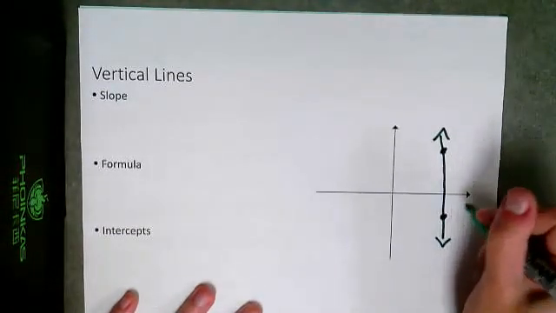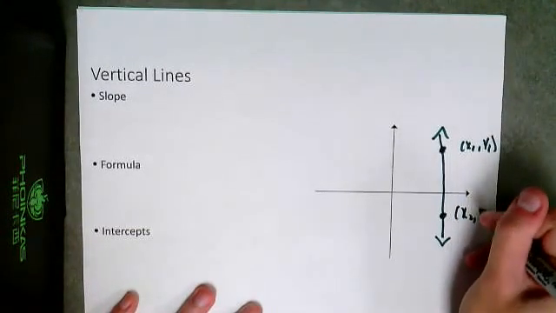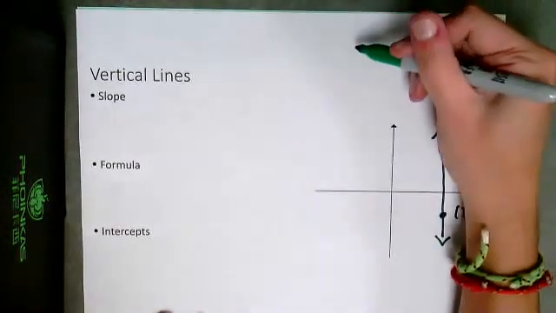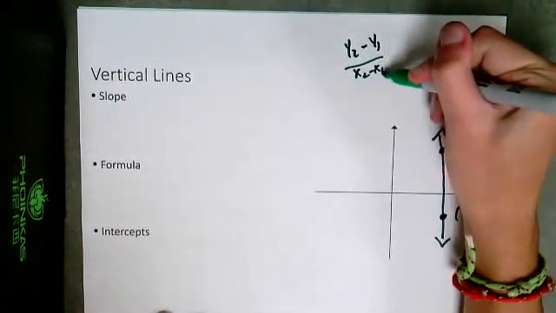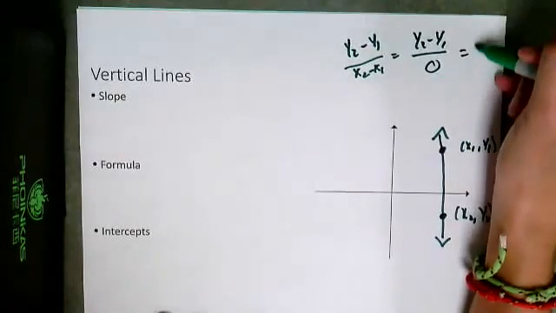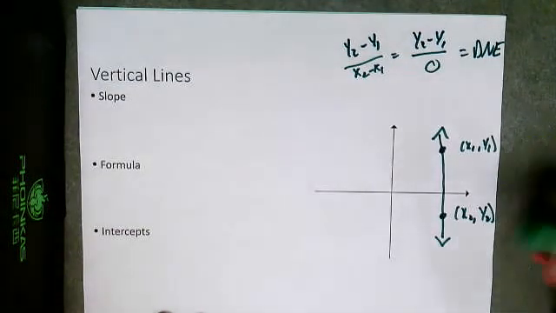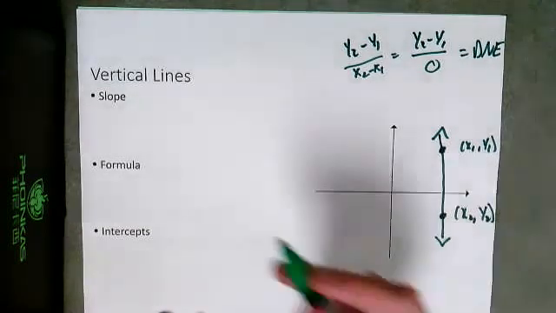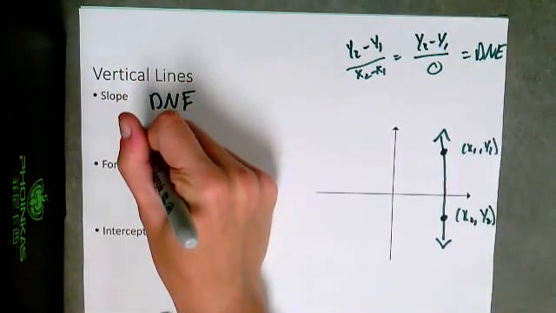Point A, point B. If we look at the slope of this guy, we have y2 minus y1 over x2 minus x1. This is going to be something over 0. And that's bad. This is going to give us a slope that doesn't exist, right? Because you're dividing a number by 0. So the slope does not exist, and we don't even have a function.